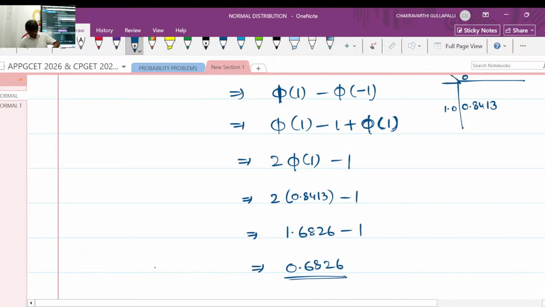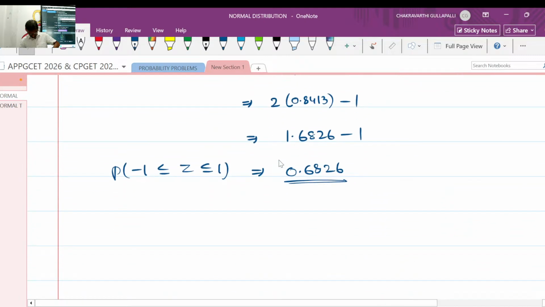That is the 1 sigma limits, minus 1 less than or equal to z less than or equal to 1. It's very useful information. This is the 1 sigma limits.